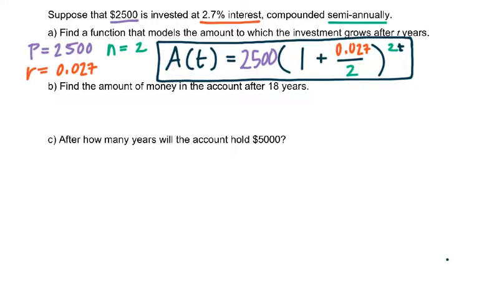So in this situation, if I wanted to, I could take that and say, well, a of t is 2,500 times 1.0135, that decimal in the parentheses, and we've raised it to the 2t power. So this is perfectly acceptable as well.